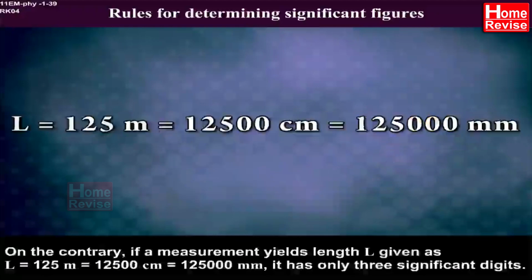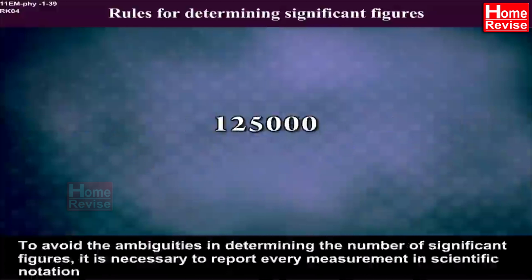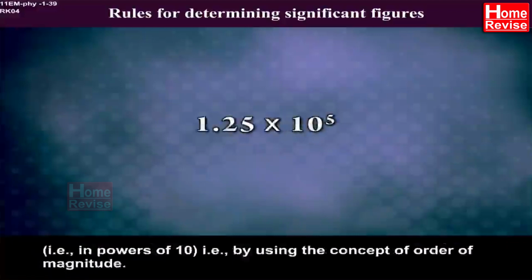On the contrary, if a measurement yields length L given as L is equal to 125 meter is equal to 12,500 centimeter is equal to 1,25,000 millimeter, it has only 3 significant digits. To avoid the ambiguities in determining the number of significant figures, it is necessary to report every measurement in scientific notation, that is, in powers of 10.